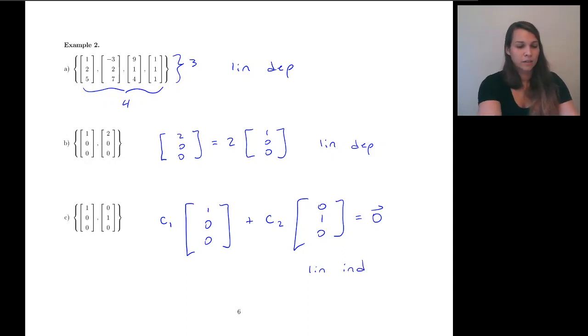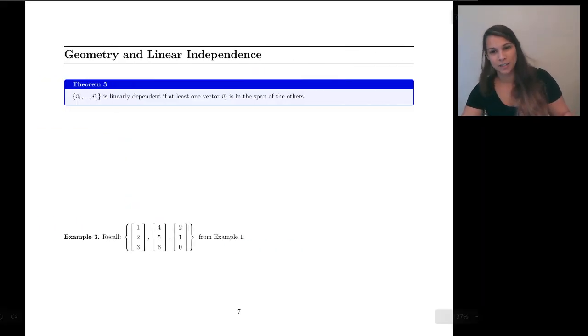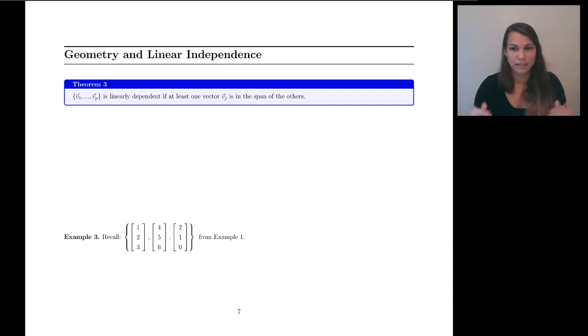Okay, so that brings us to our last section, geometry and linear independence. Remember that span has geometric interpretations, which is why theorem 3 is sitting here. We say that a set of vectors is linearly dependent if at least one of those vectors is in the span of the others.